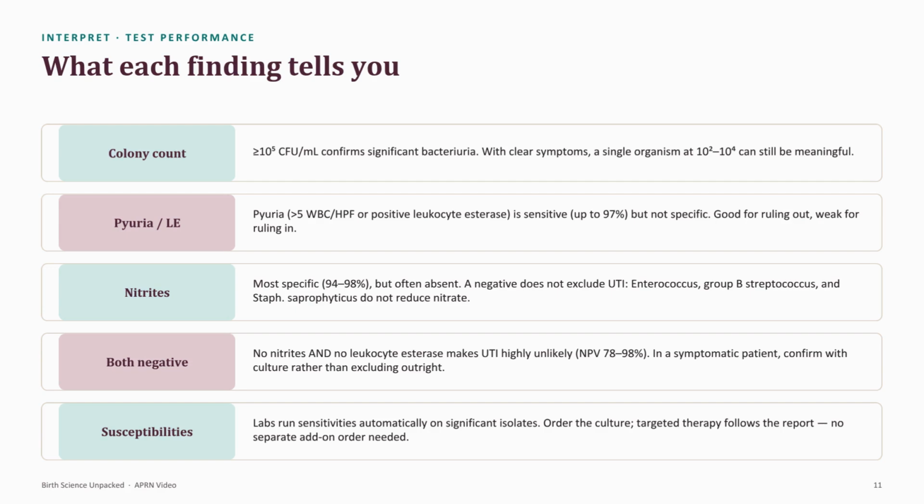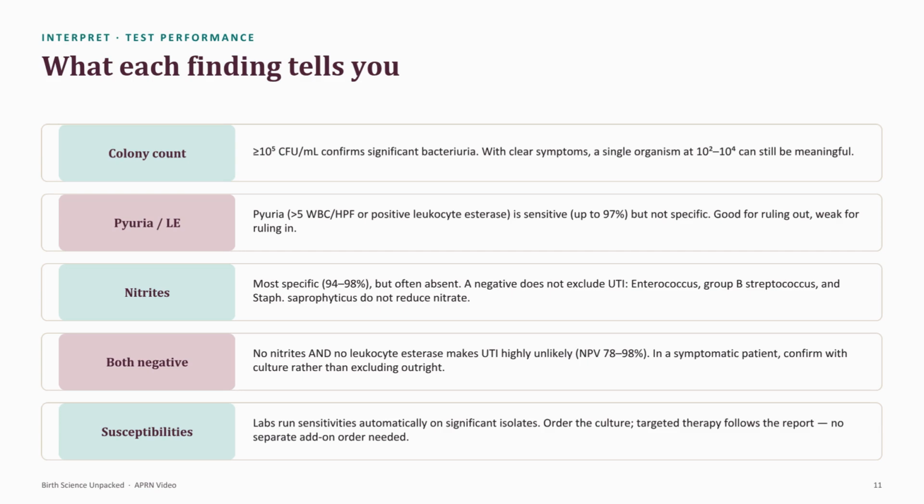Leukocyte esterase and pyuria are sensitive, up to 97%, so they help you rule out, but they are not specific, so a positive alone does not prove infection.